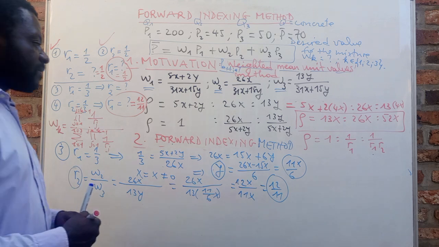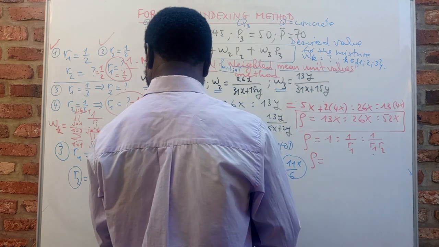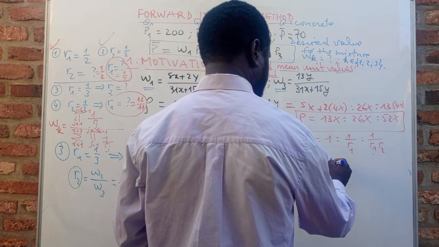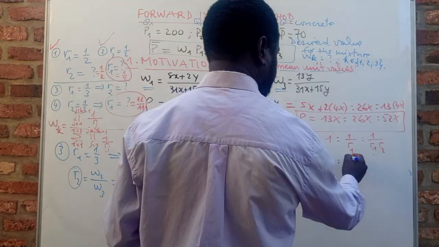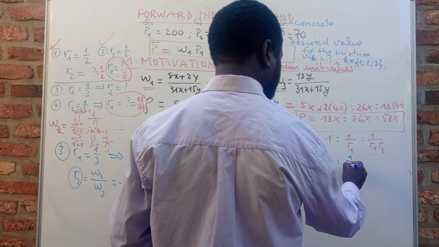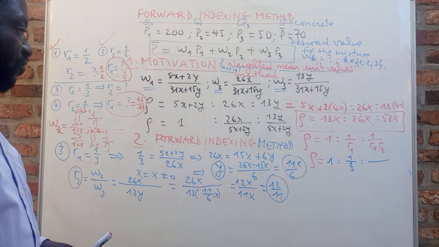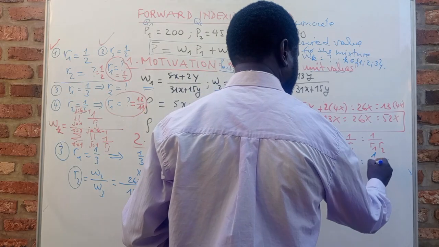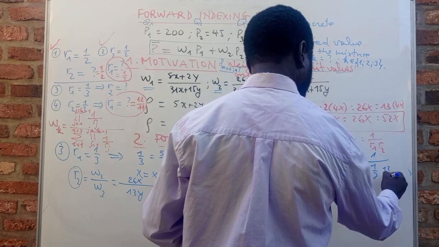Okay, so the ratio in this second case is equal to 1 over the first ratio. The first ratio is 1 over 3, and the second ratio is 12 over 11.